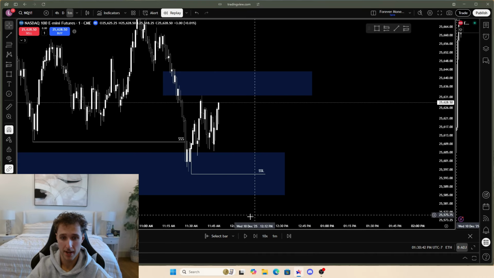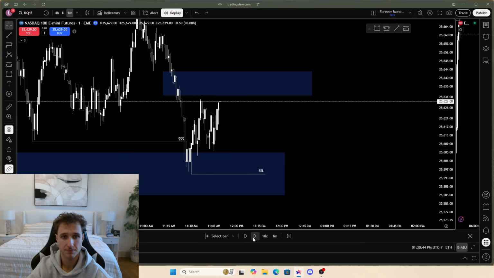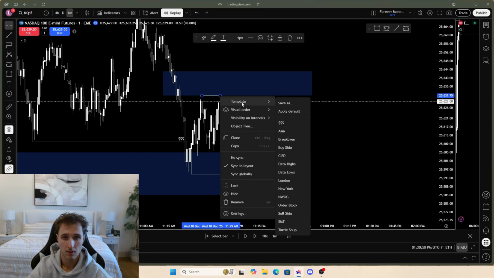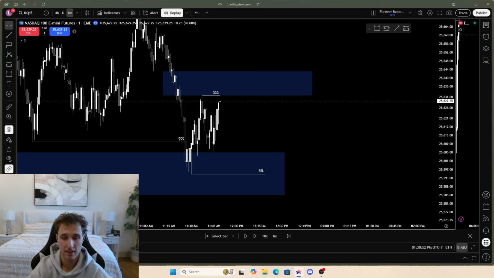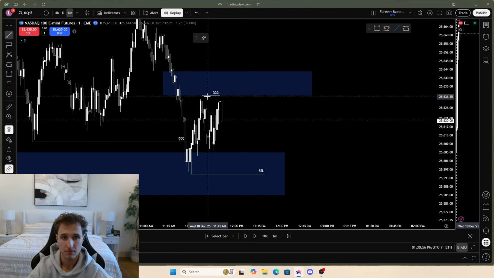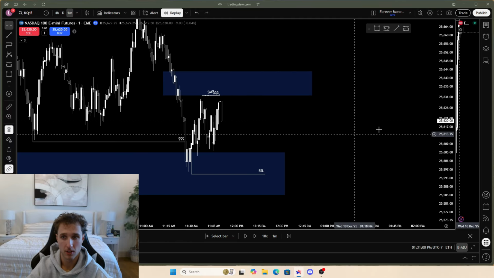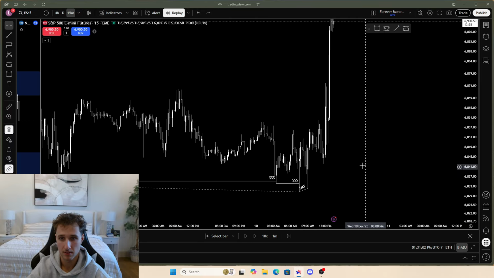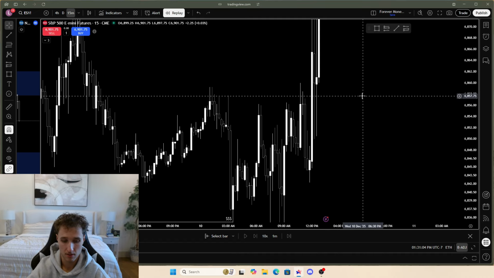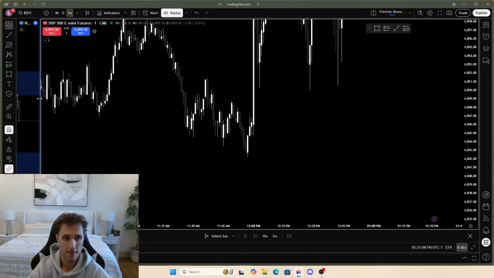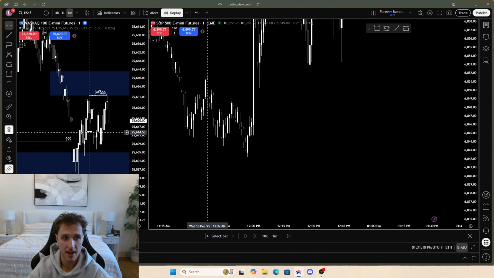Now, what ends up happening? We end up taking this high, tapping the 15-minute and putting in a bearish SMT. So if we look over here on ES, this high never gets taken.